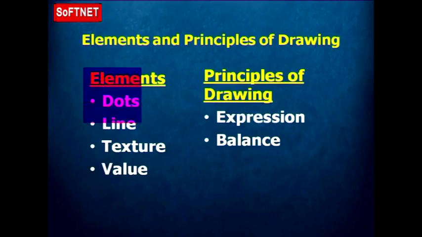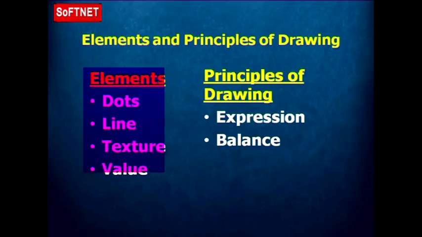So elements of drawing, there are some 4 basic elements of drawing, and we can extend, but for now we will stick to 4 elements of drawing, that is dot, and then line, texture and value, right. So we will see these elements and these principles, how they are reflected in our examples when we look now.